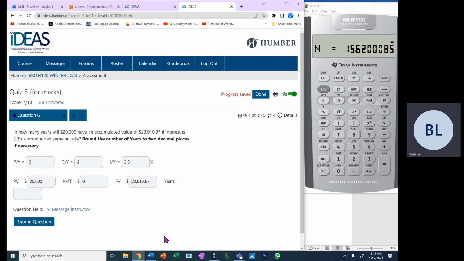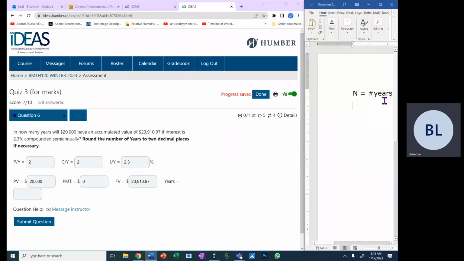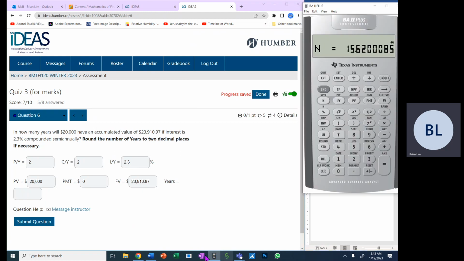Now, if we bring this up here, we can manage to grab that over there. It's kind of small, but we can do the computation, I think. So the number of years is equal to n divided by PY. Let's hop over there. All right, there we are. So number of years is equal to, and the value of n is what? Well, we had it on our calculator there, 15.62, correct?